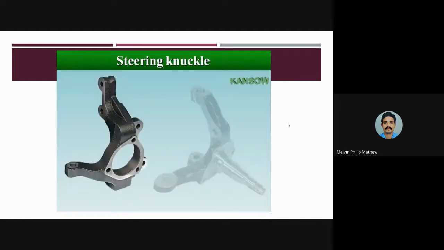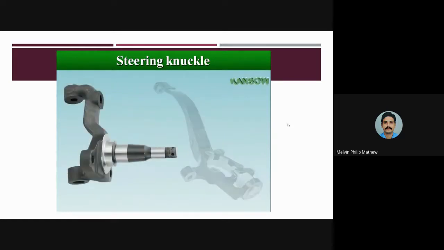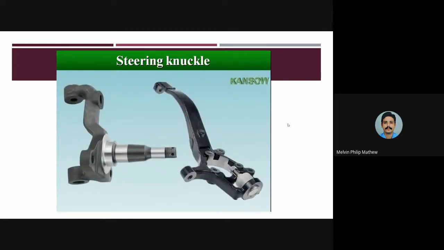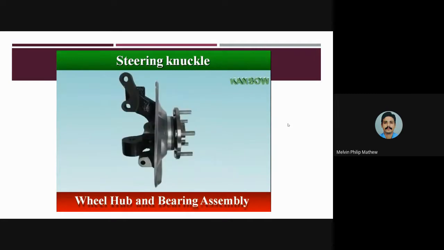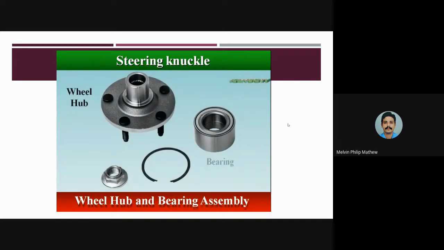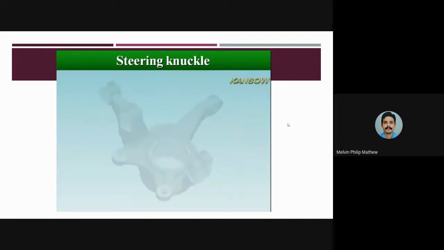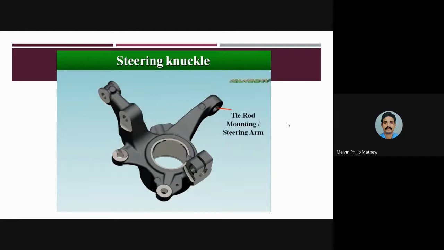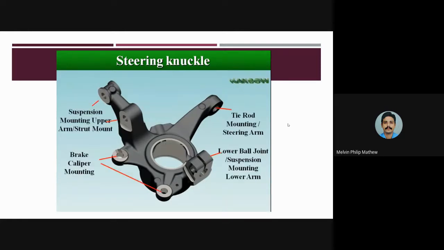Steering knuckle is that part which contains the wheel hub or spindle, and attaches to the suspension and steering components. The wheel hub and bearing assembly is mounted on the steering knuckle. Steering knuckle is mounted with the tie rod for steering, lower arm, brake caliper, and strut.